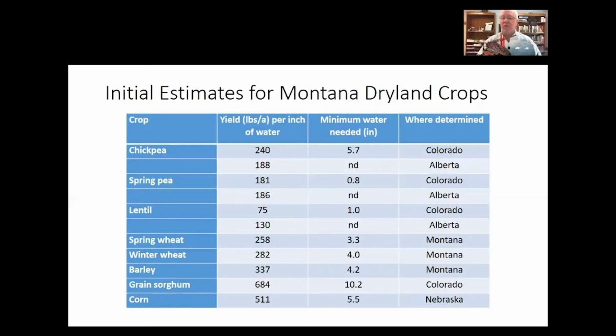And if you think about those grass crops compared to a warm season grass like grain sorghum or corn, they're quite a bit less as well, because grain sorghum is around 684, it says here from data from Colorado, and corn is around 511. That's kind of the range of values you can expect for Montana. This study is to try and nail that down a little bit closer to what we're doing. We have this study here at Huntley. It's also been repeated in Sidney, Montana by Chengci Chen and his group.